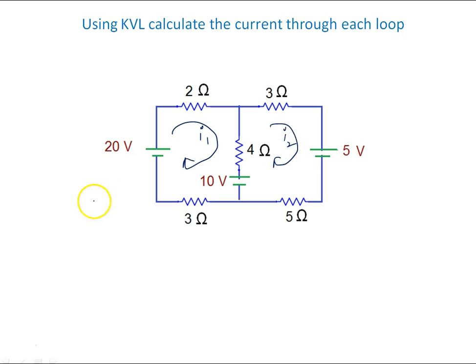Okay, so firstly I label it A, B, C, D, E and F. All of you write the KVL equation for path A, B, C, D, A. Okay, so I start from this point like this.